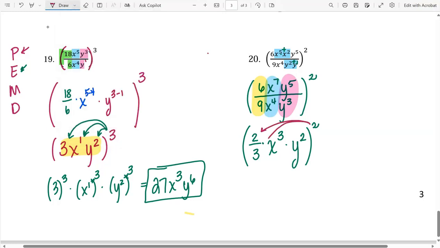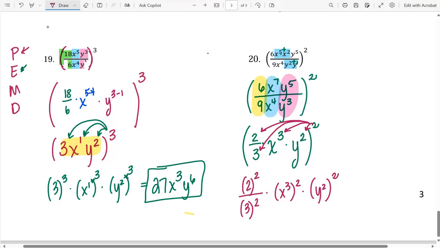Once I have simplified inside, there's nothing else that can combine. Now everybody gets that outside exponent. 2 gets squared. 3 gets squared. X cubed gets squared. And y squared gets squared.